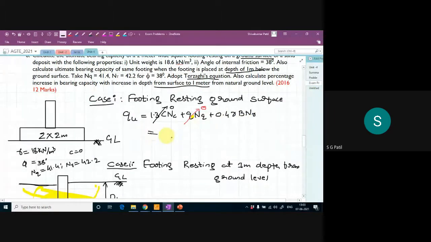Okay, so you calculate 0.4 into gamma is 18, into breadth is 2 meter, into N gamma, which is 42.4.